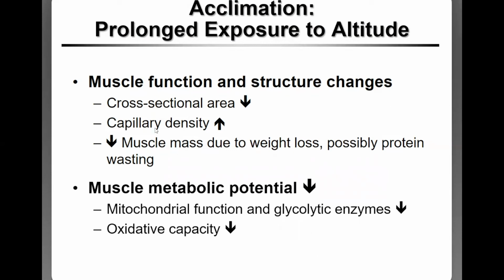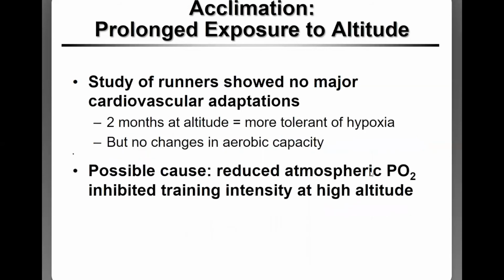So the increased capillary density will help to increase the amount of gas diffusion across the membrane, specifically into the tissue. Our muscle metabolic function reduces, our mitochondrial function and glycolytic enzymes reduce, as well as our oxidative capacity.